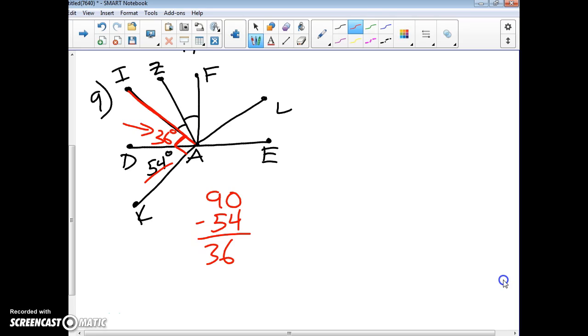Now let's look at it from a different angle. I'm going to go back to the fact that AF is perpendicular to DE, so I know that this makes a 90-degree angle. Well, if I know that this is 36, I think I can figure out this whole big angle. Doing 90 minus 36, I'm back to 54 degrees.